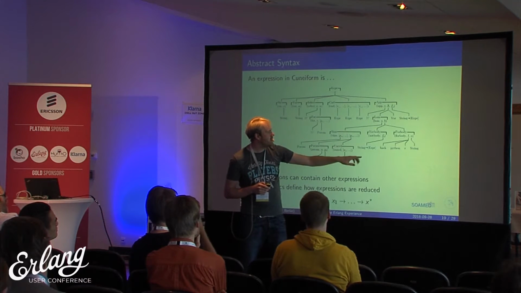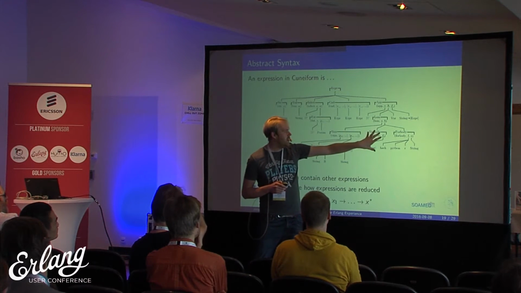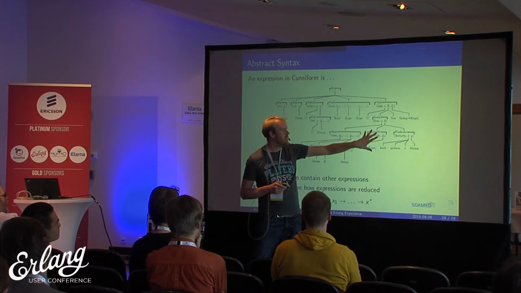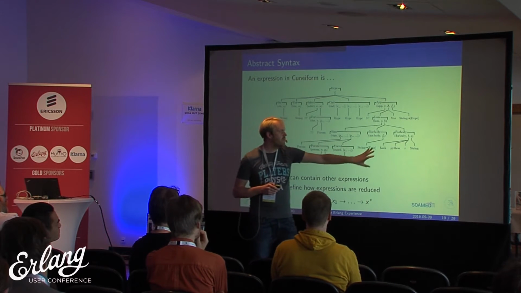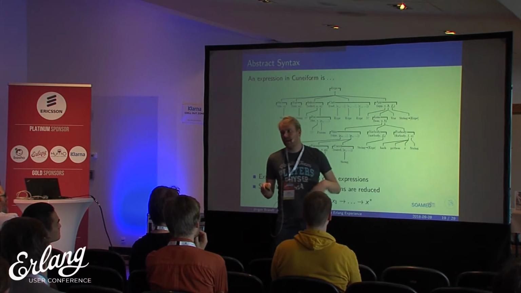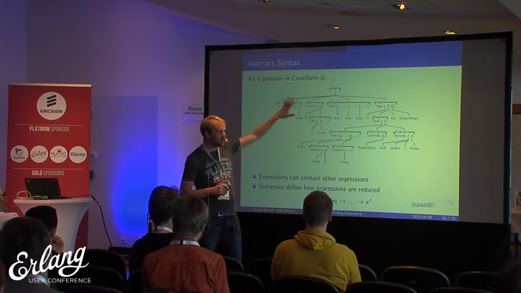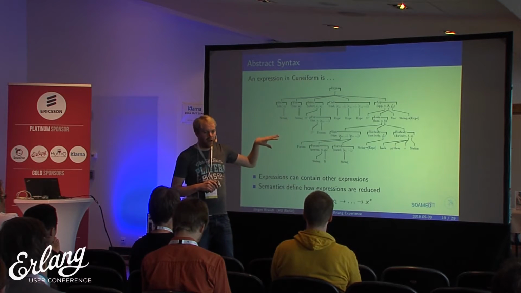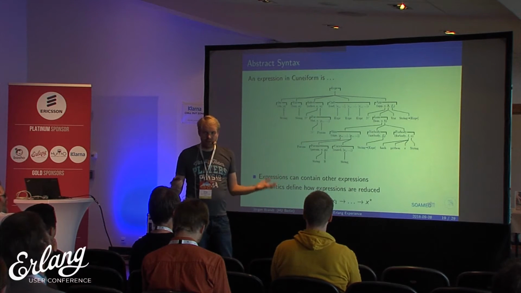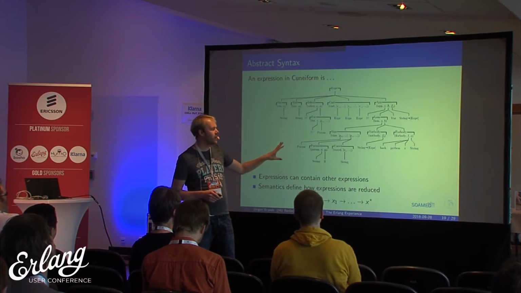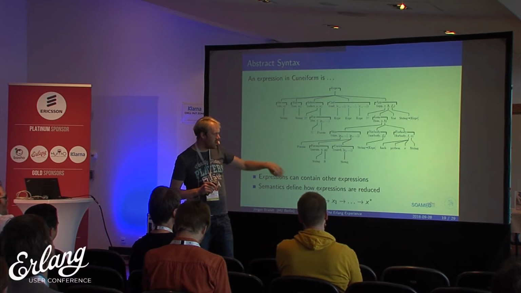And function applications can be either native, where you stay in Cuneiform, or they can be foreign, where you switch to another language like Python or R. This is a description of how each and every expression in Cuneiform can look, and there's nothing more. This picture shows already everything.